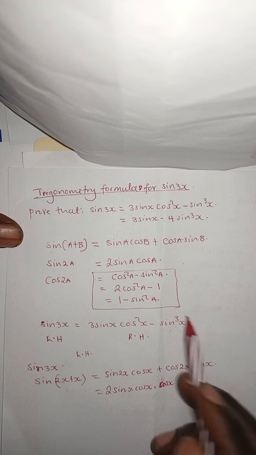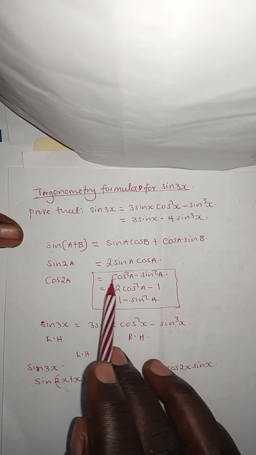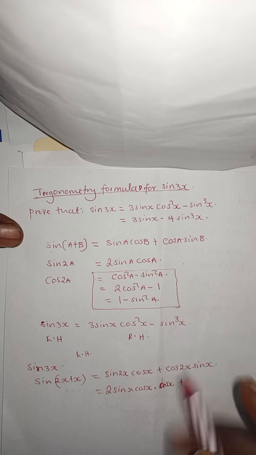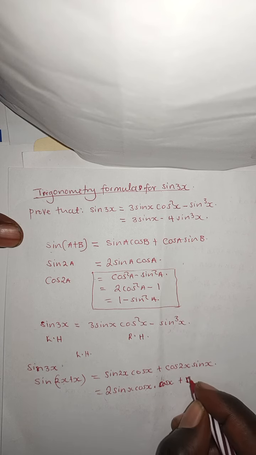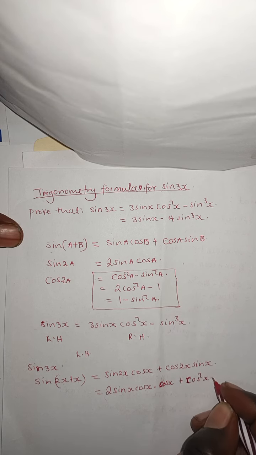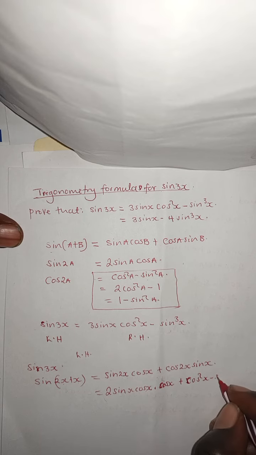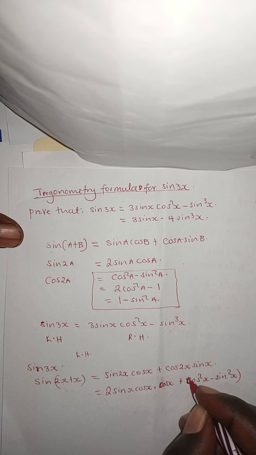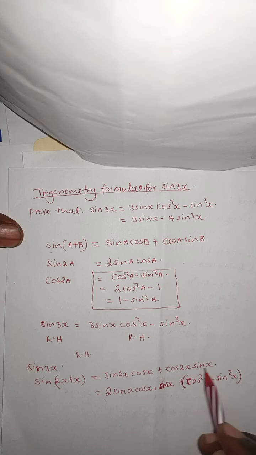Now for cos 2x, I may decide to take cos squared x minus sin squared x. So put them in brackets and then multiply them by sin x.